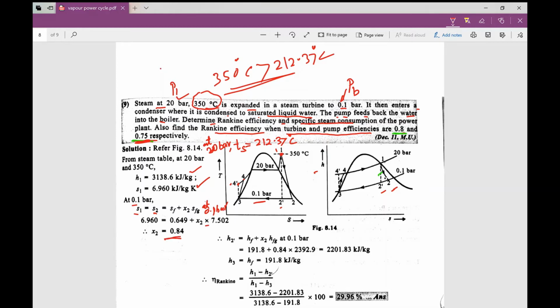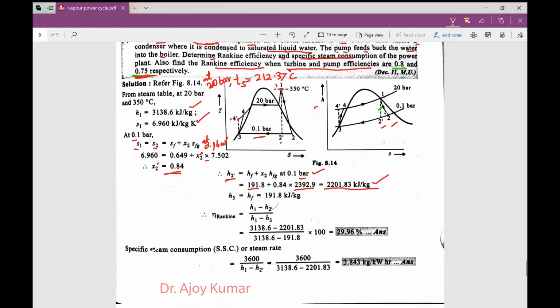The dryness fraction you can calculate at point 2 dash, this is your x2 dash. Right? And at the same time, if the dryness fraction is known to us, we can calculate enthalpy at point 2 dash at 0.1 bar from the steam table. So this value is taken from the steam table at 0.1 bar. So enthalpy at 2 dash is coming like this.